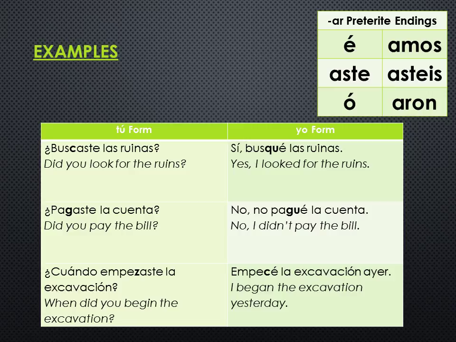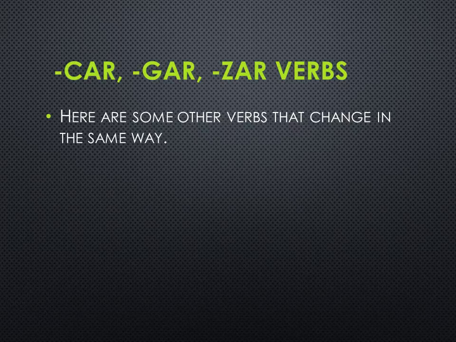There are tú form examples and yo form examples, so you can see that in the tú form, all of those verb conjugations just have the same letter as their infinitive. In the yo form, though, it's different. Okay, if you'd like to pause and write these down, that's fine. However, not required.